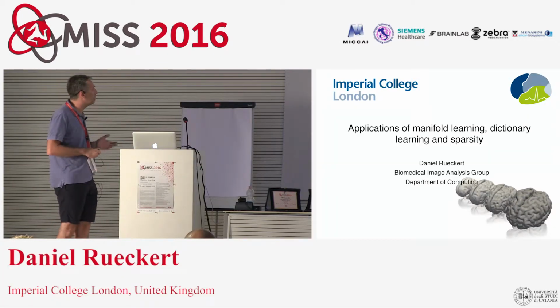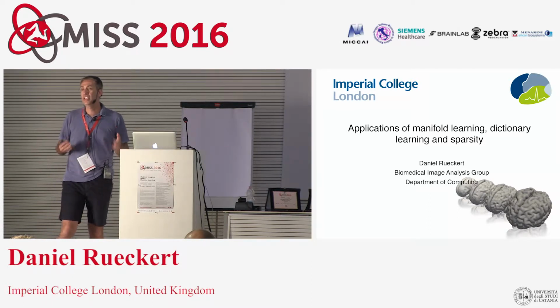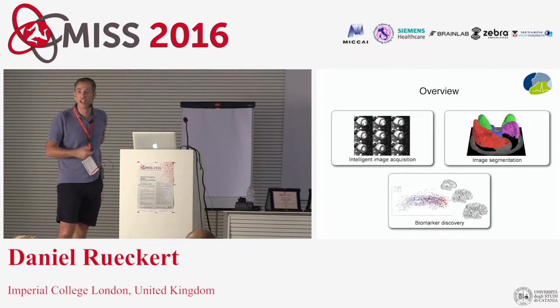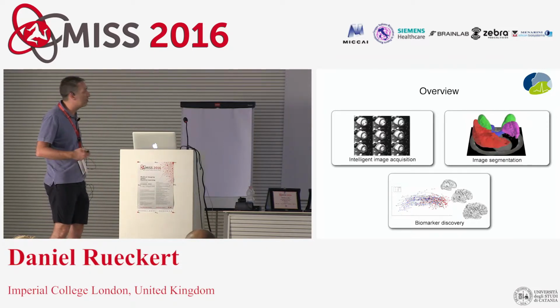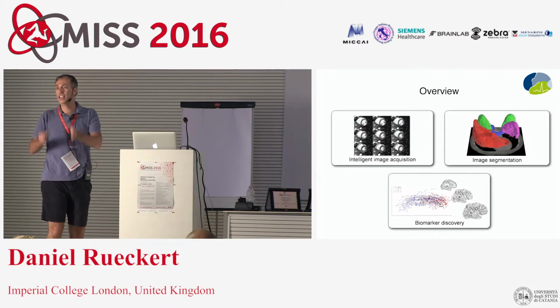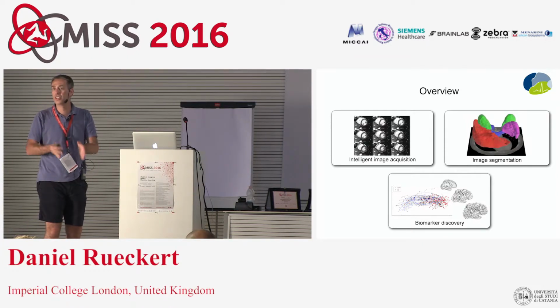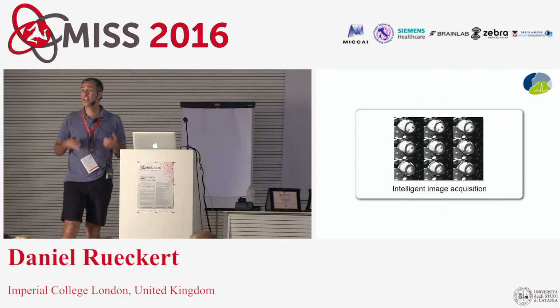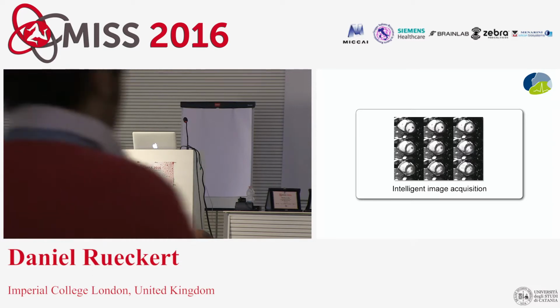That's not a big problem, but if you're looking at moving objects, it actually becomes very inefficient. So if I do, for example, imaging of the heart, I need to do, for example, something like gating. That means I only acquire data from the heart when it's in a particular state during the cardiac cycle. And that slows down the acquisition significantly.